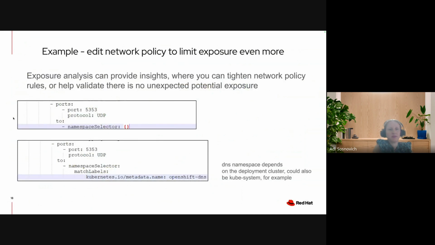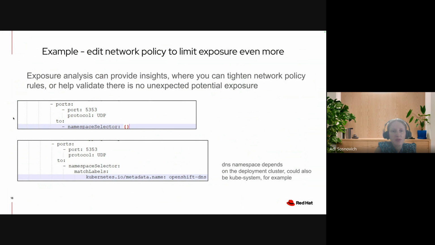Yeah. So, for example, here you could be limiting the connectivity that I showed you, where you were exposing your connectivity on UDP to the entire cluster. Maybe you know where your DNS pod is configured. It depends on the environment. It could be Kube system namespace or OpenShift DNS namespace, depending on the Kubernetes cluster that you're using.